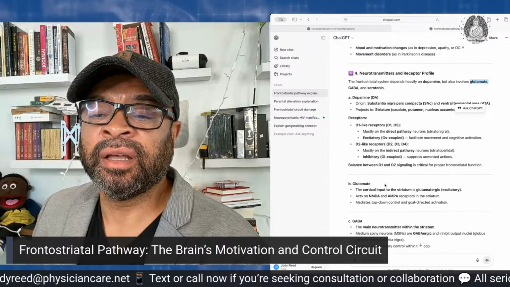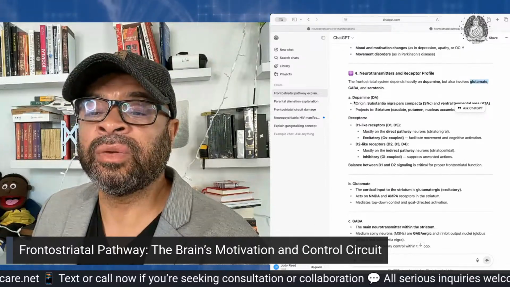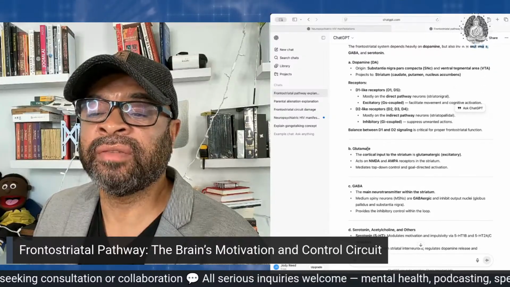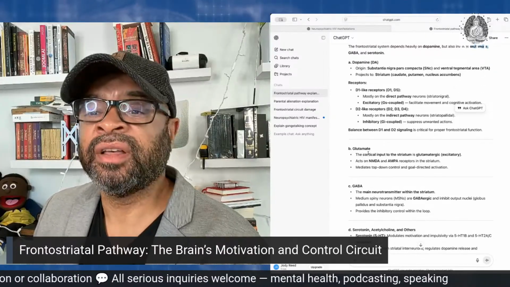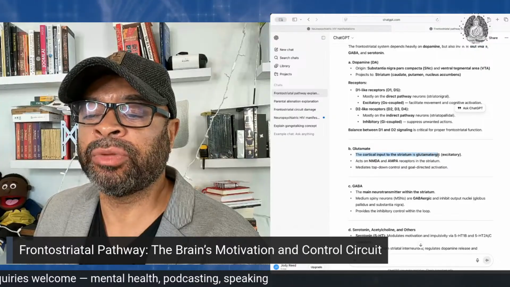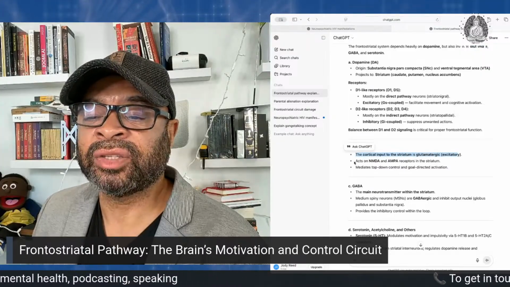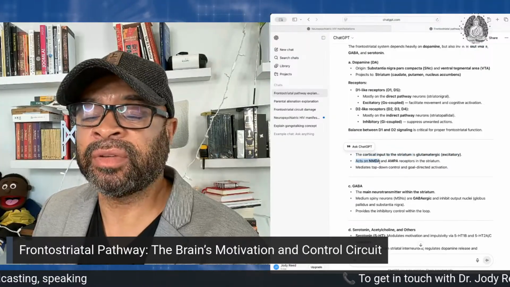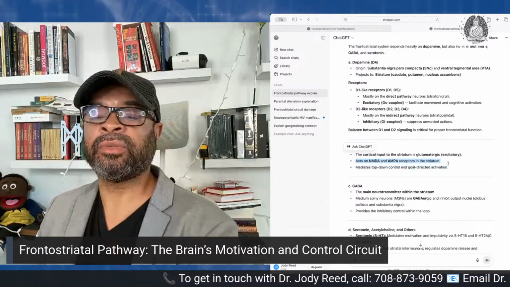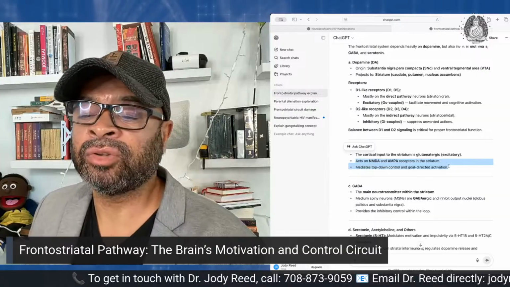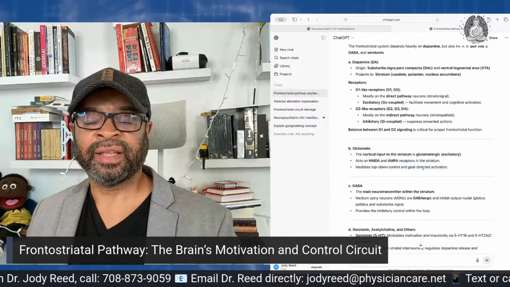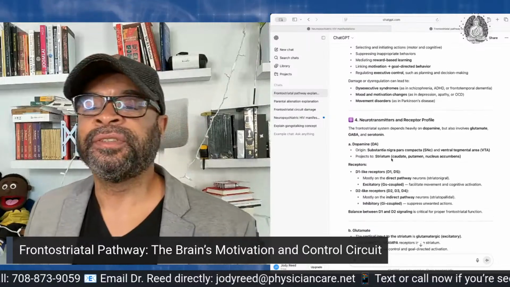We also have glutamate receptors on the pathway. The cortical inputs to the striatum are glutamatergic, excitatory. They act on NMDA, which is a type of glutamate receptor, and AMPA, which is another type of glutamate receptor. They mediate top-down control and goal-directed activation.